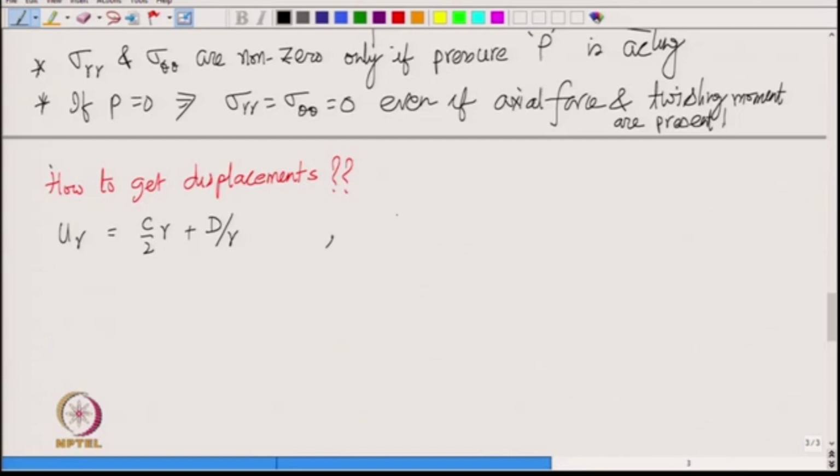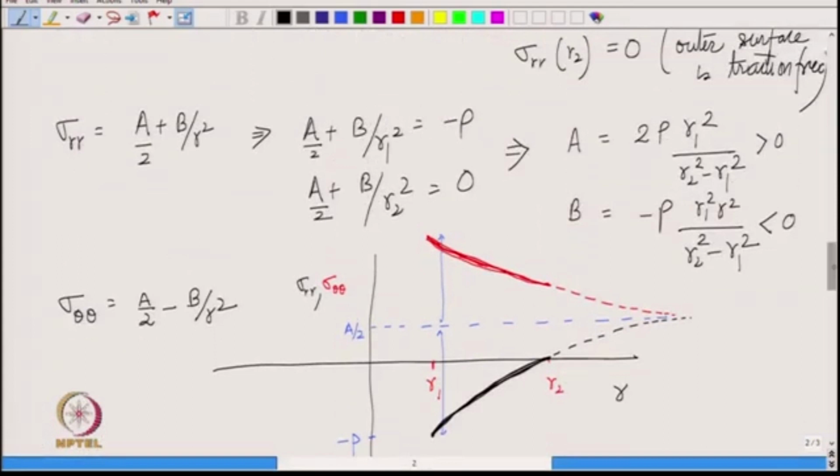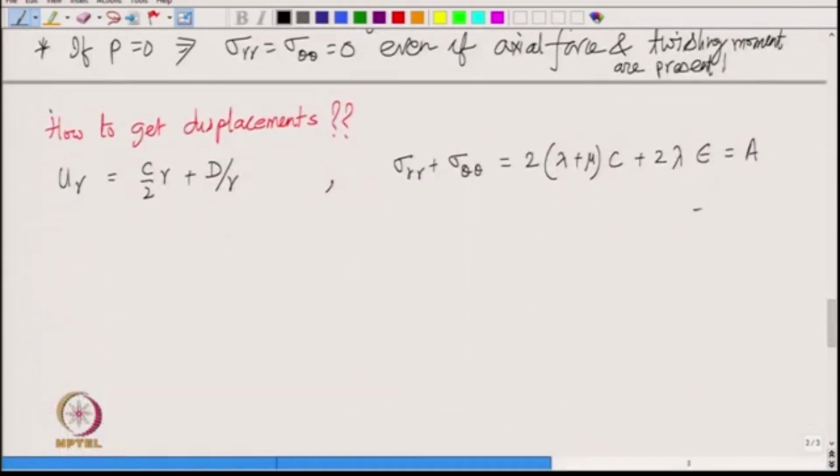Can you recall that sigma r r plus sigma theta theta was equal to 2 times lambda plus mu into c plus 2 lambda epsilon, and we called it as A, right. And then we also just found out what is A equal to, you see here. So, we can write here that this is equal to 2 into p into r 1 square over r 2 square minus r 1 square.